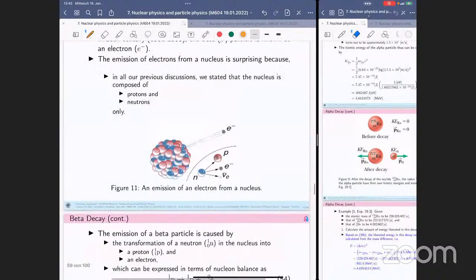The emission of the beta particle, I say simply, has only proton and electron as the products of this process. But actually, once the technology advanced and scientists looked more carefully at this process, they also discovered a tiny particle which is very, very hard to detect.